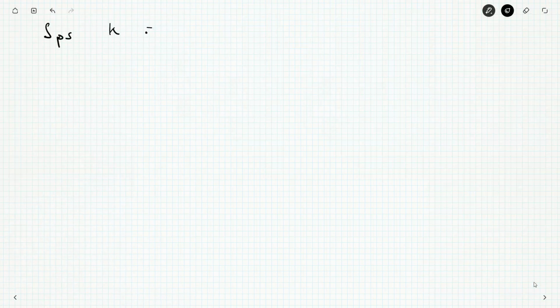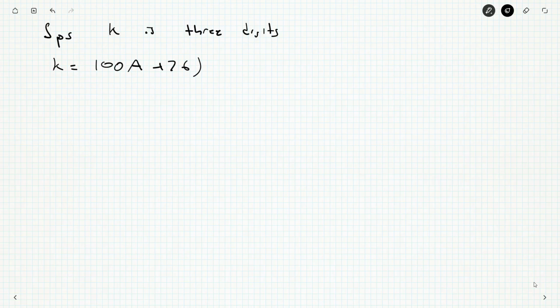Suppose k is 3 digits or more. Then k looks like 100 times something, and it's got to end with this 76. No other way about it.